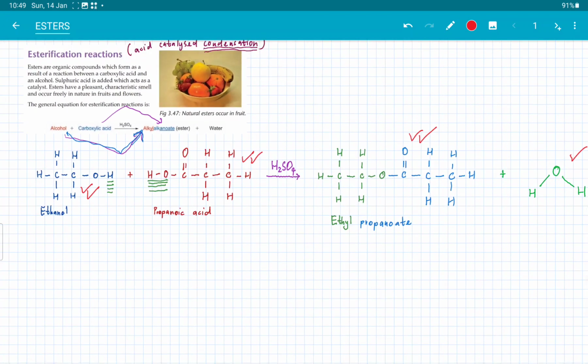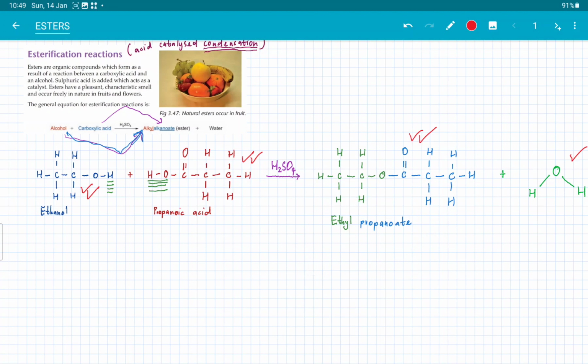Let's just do 2 examples. If a question is asked this way, it will say use structural formula to show the production of ethyl propanoate.